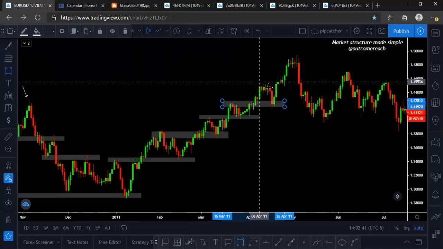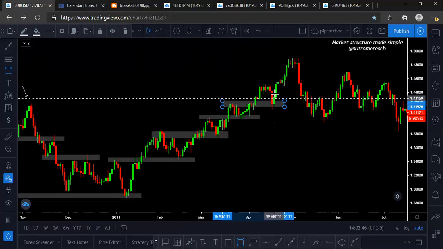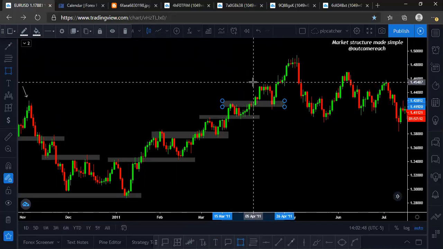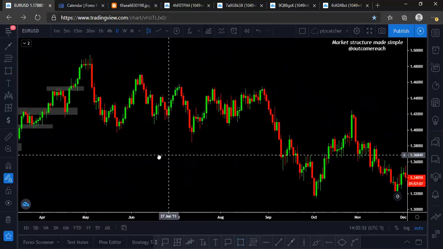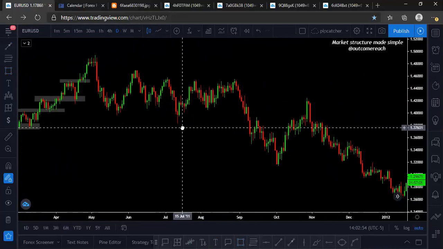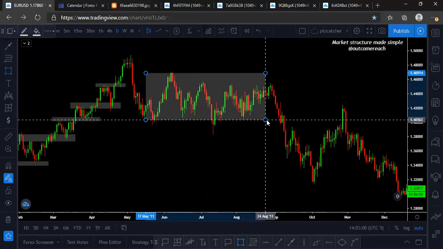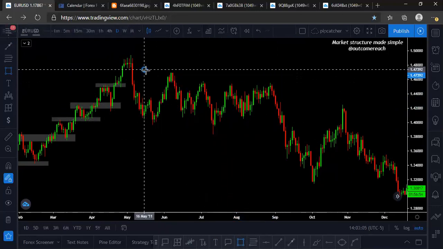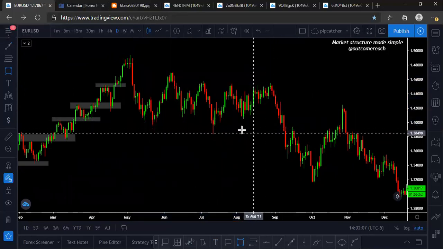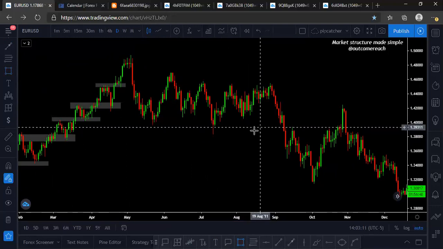Structure tests structure. You see this previous high get broken through. And now sometimes the market will go through a consolidation phase exactly like this, whether that be accumulation or distribution.